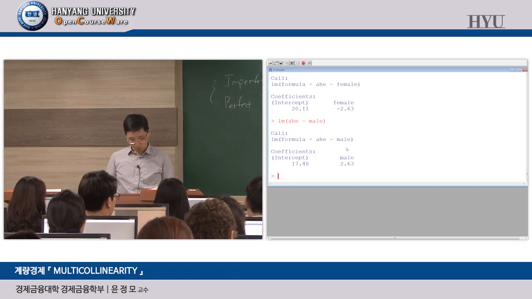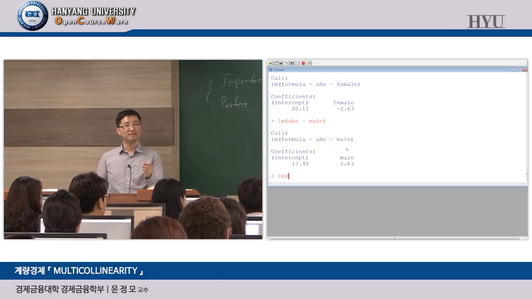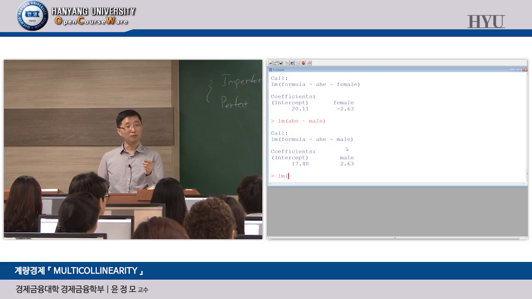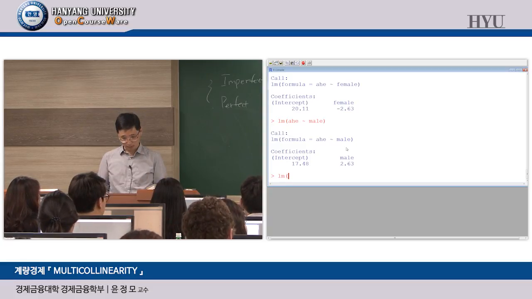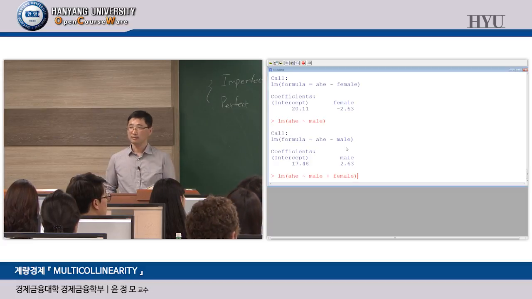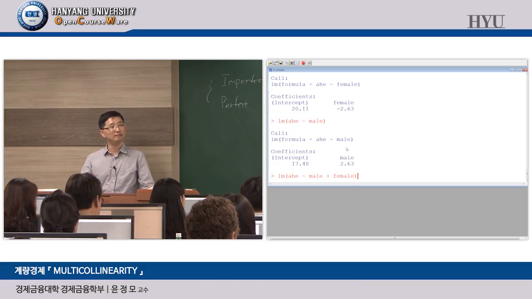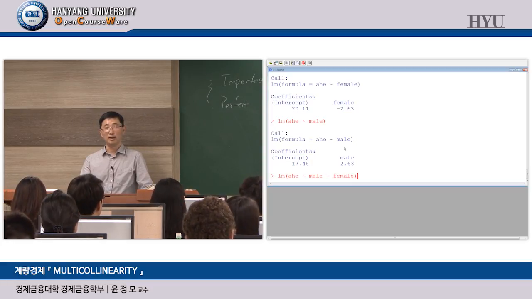Now the thing is, what if somebody wants to be smarter and use male and female at the same time? So why don't you run it? You can easily think it over and say, why not just use both male dummy and female dummy.